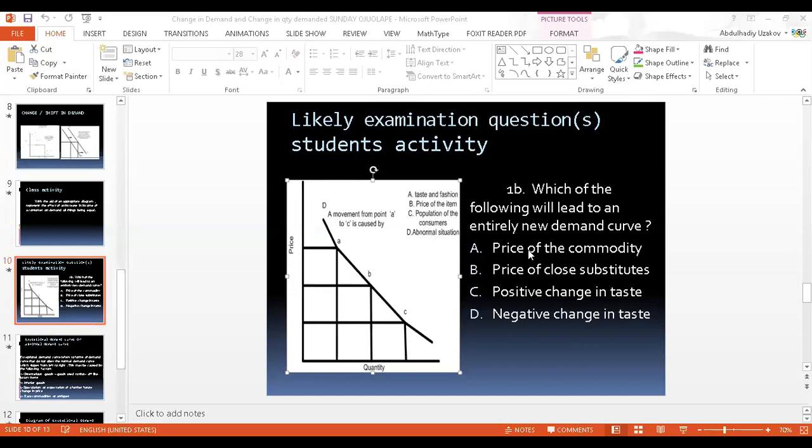Option B is price of close substitutes. Option C is positive change in taste. Option D is negative change in taste. All right. We are looking at which of the following will lead to an entirely new demand curve.